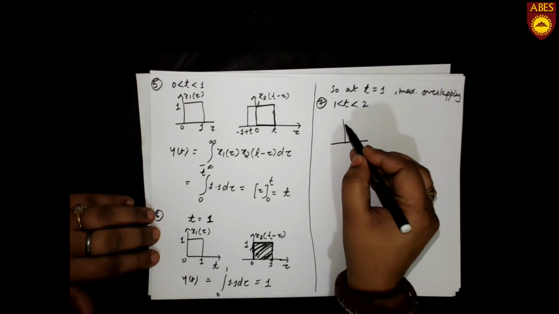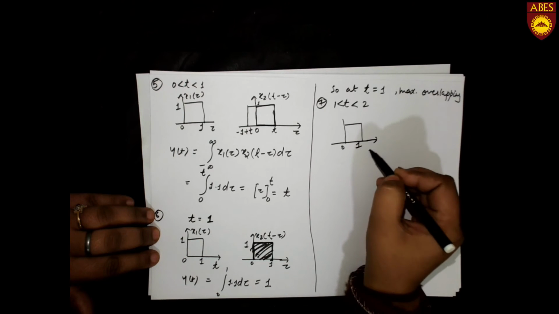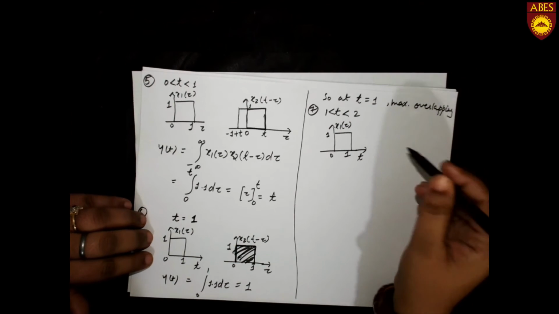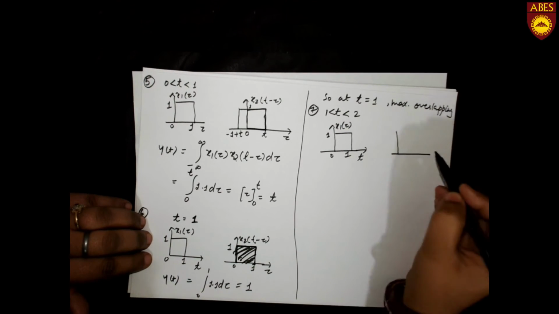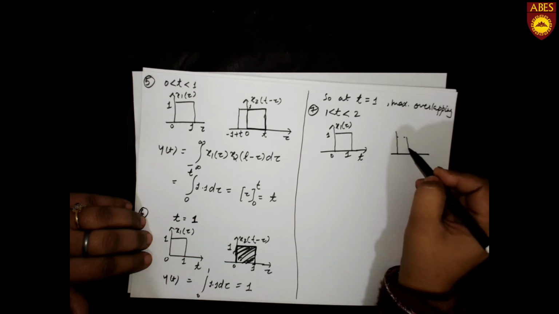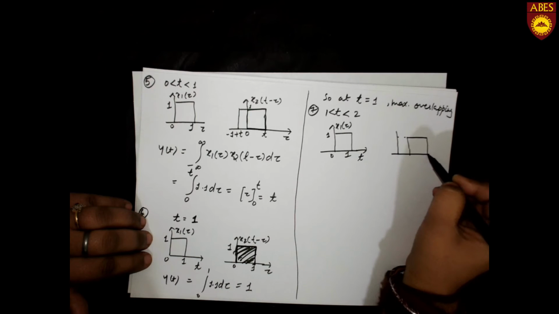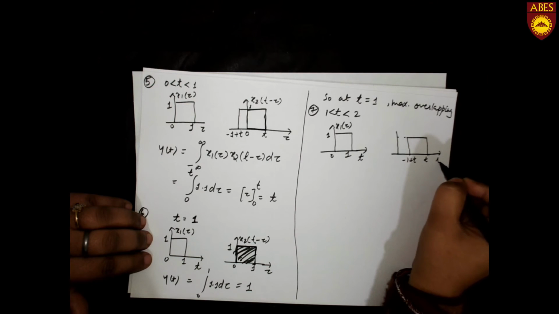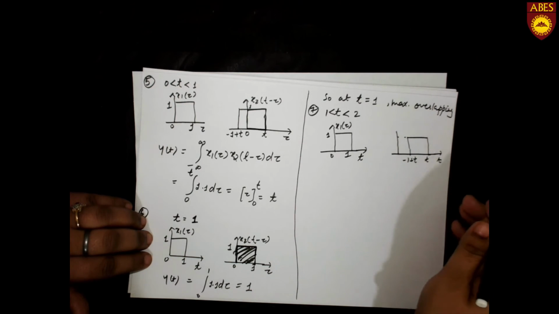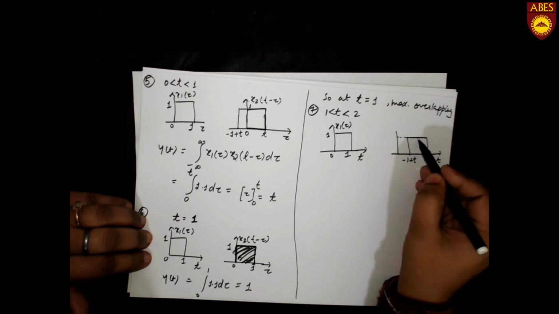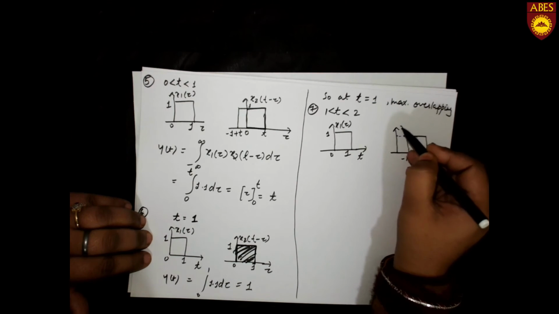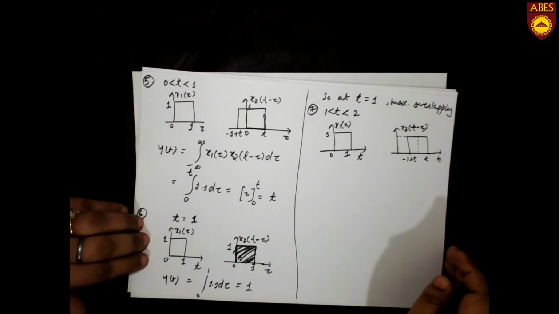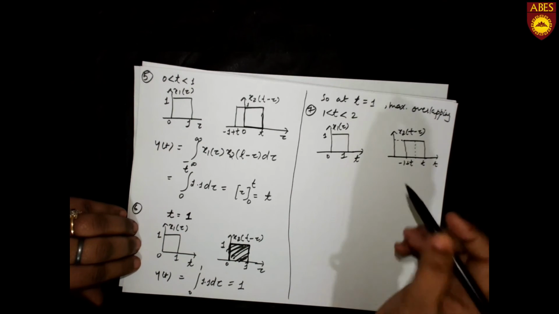The first signal is as it is, x1(tau) from 0 to 1, and the second signal would be like this.